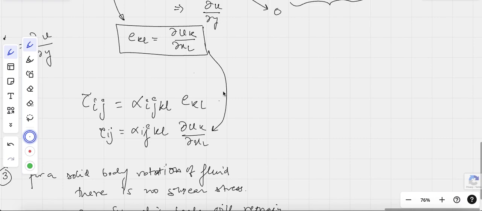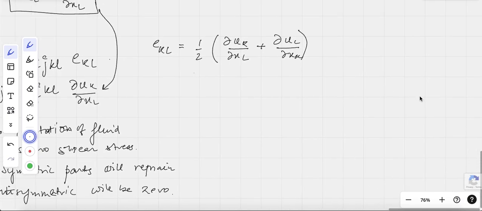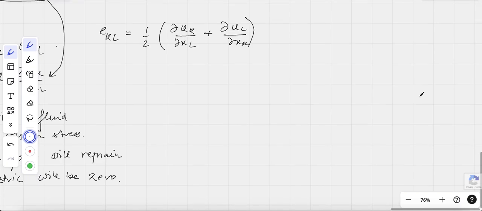Therefore, this rate of deformation tensor will become half du_k by dx_l plus du_l by dx_k, right? Okay.